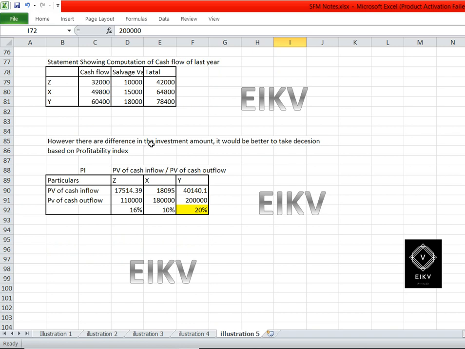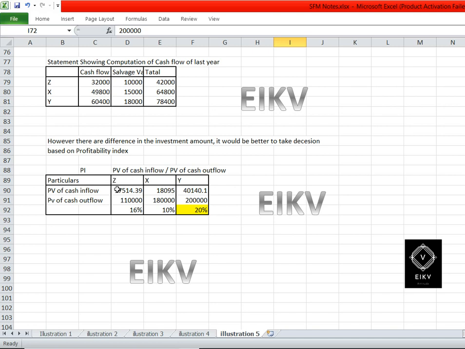In the above example, the investment amount of each machine is not the same: 1,10,000 for machine Z, 1,80,000 for machine X and 2 lakh for machine Y. In that scenario we need to use the profitability index formula: PV of cash inflow divided by PV of cash outflow.